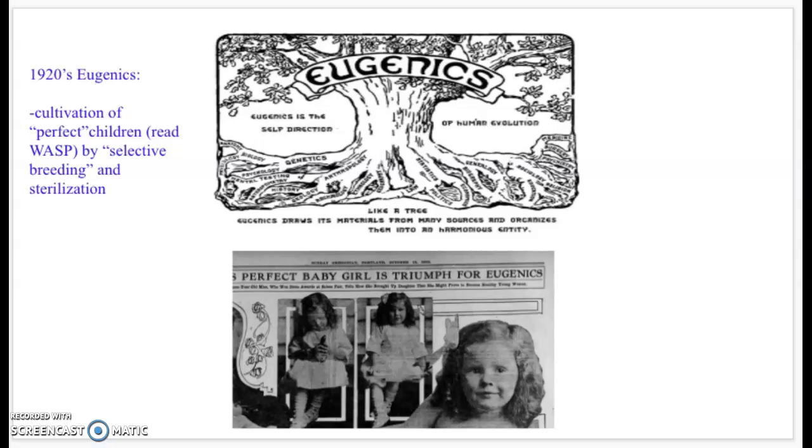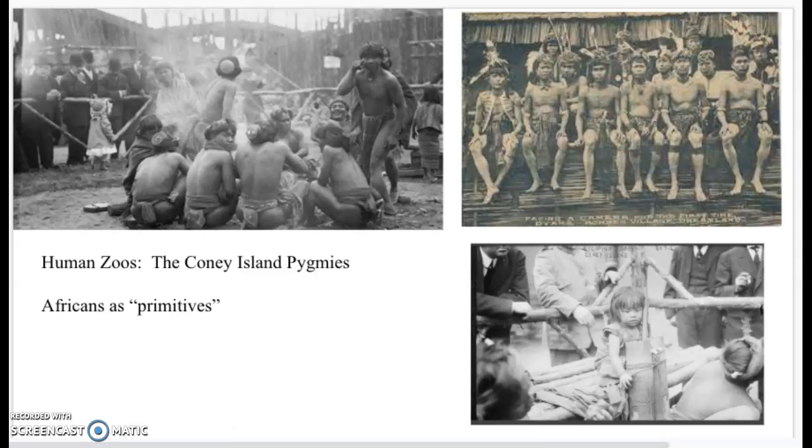So interestingly enough, the original birth control movement, Margaret Sanger, was not directed at middle-class white women who were being encouraged to have more children. It was being directed primarily towards immigrants and in some cases even black people. So trying to control the system of racial propagation going forward.